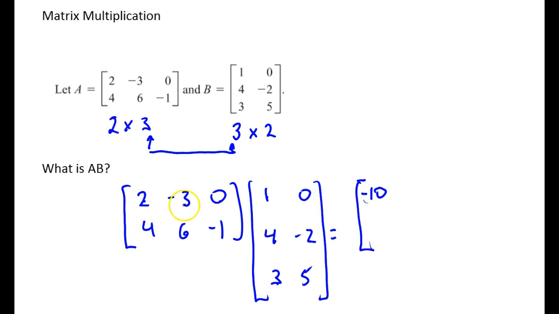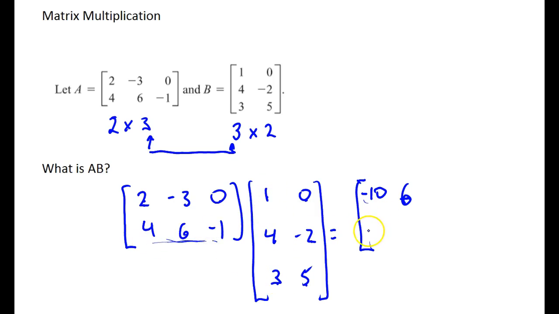Now I'll do first row, second column. So that's going to go in the first row, second column position right here. Okay, 2 times 0 is 0, plus negative 3 times negative 2 is positive 6, plus 0 times 5 is 6. All right, now drop down to the second row, and I'm going to multiply that by the first column.